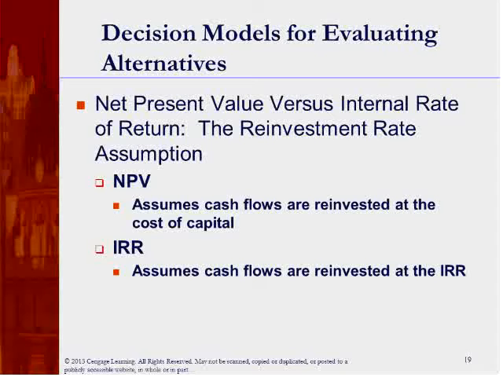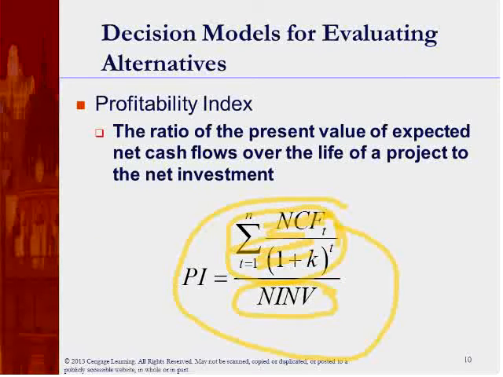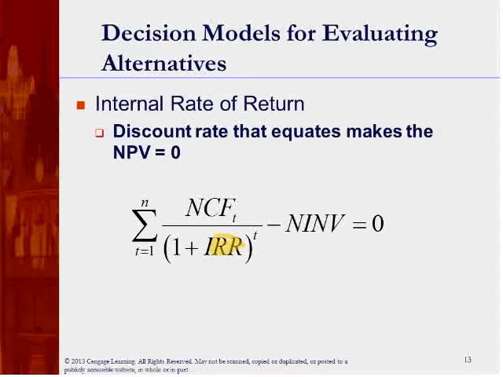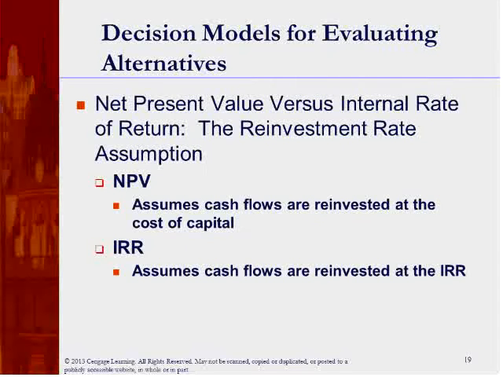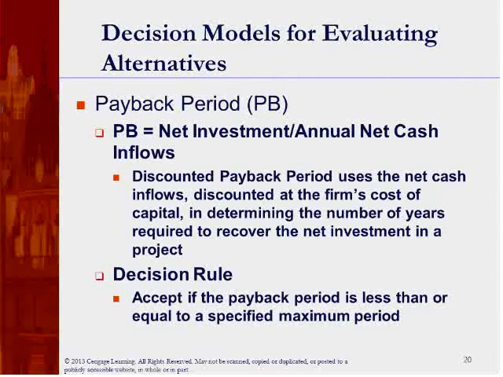If you looked at the formula for IRR, cash flows are being reinvested at the internal rate of return, which is not true, because you assume cash flows are actually reinvested at cost of capital. So that's a major drawback of IRR. And because of that, IRR has problems with it.